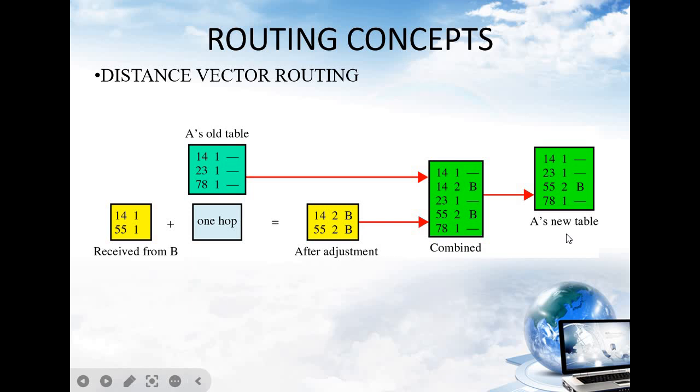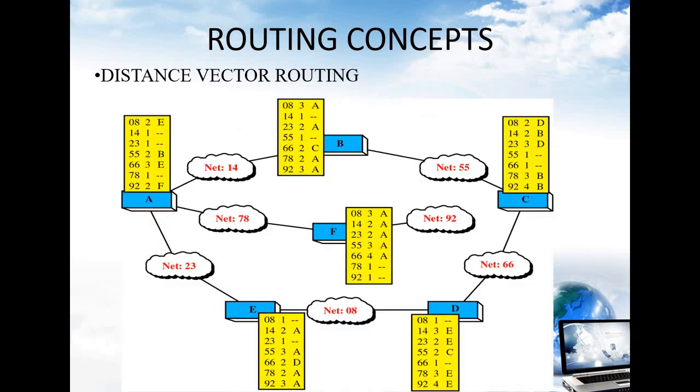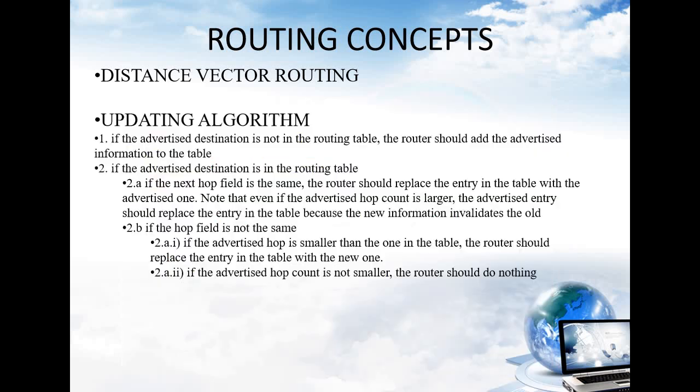So this is called the updated table according to distance vector routing. Hope you can follow this. Similarly, we are going to find the tables for all of A, B, C, D, E and F.